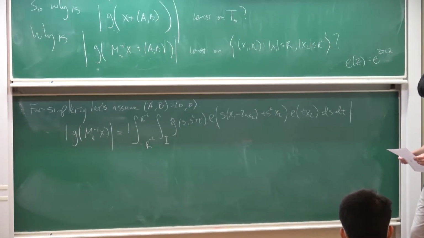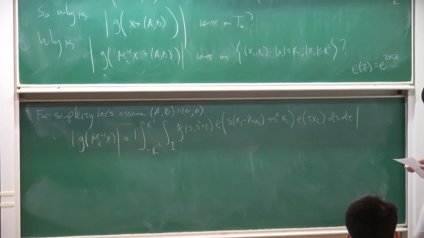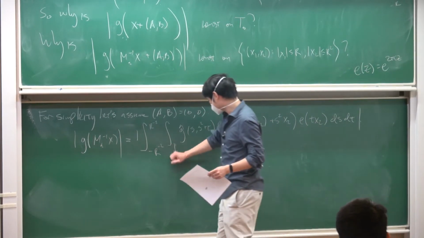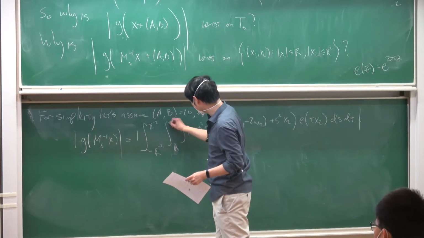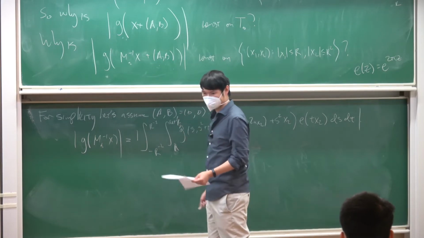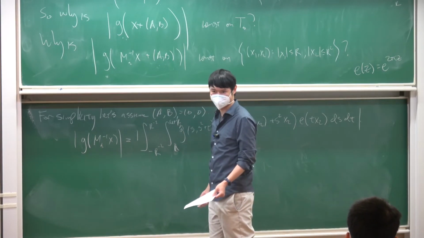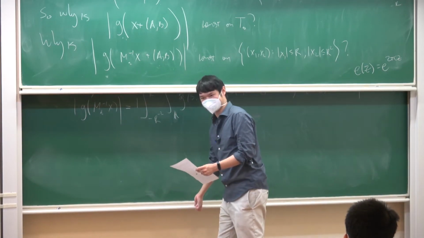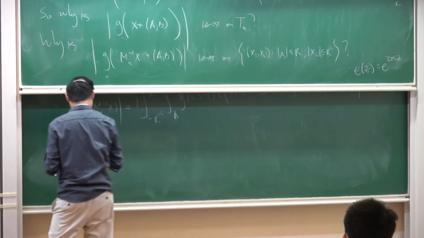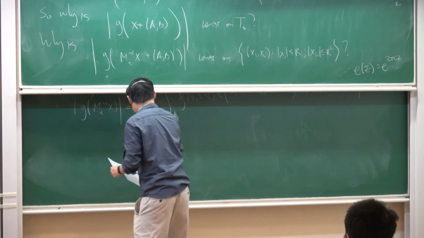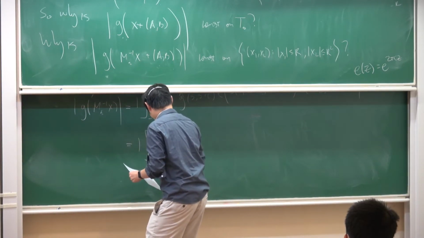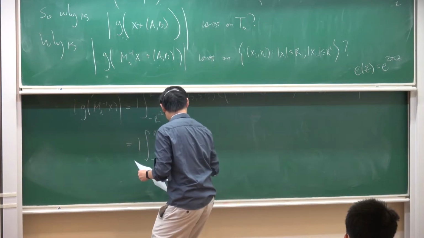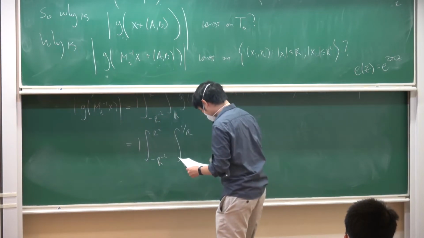And what do I want to do next? Well, I is an interval from a to a plus 1 over r. So what do you want to do next? Well, you want to shift a to be the origin, okay? Okay, so let me just write down what happens. So you're going to get r to the minus 2, 0 to 1 over r.